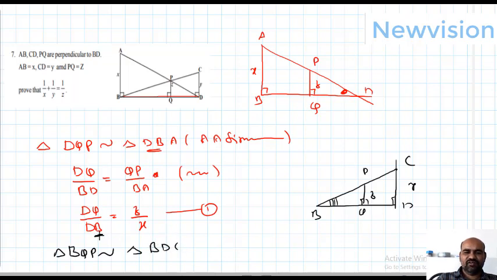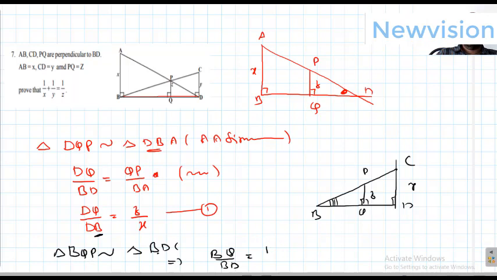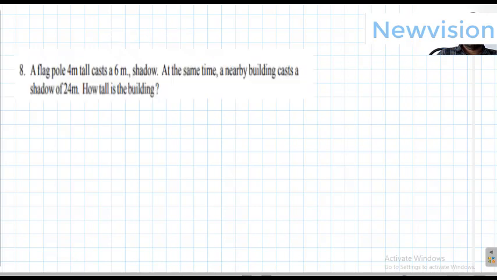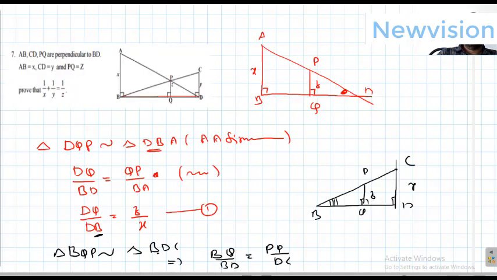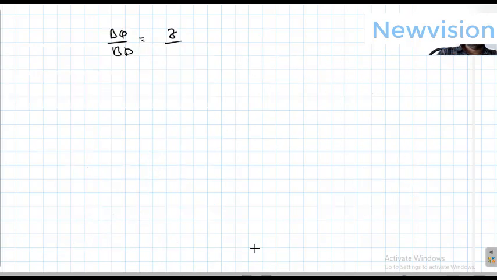BD I want, so I will write BQ by BD equal to PQ by DC, that is Z by Y. This is equation number 2.